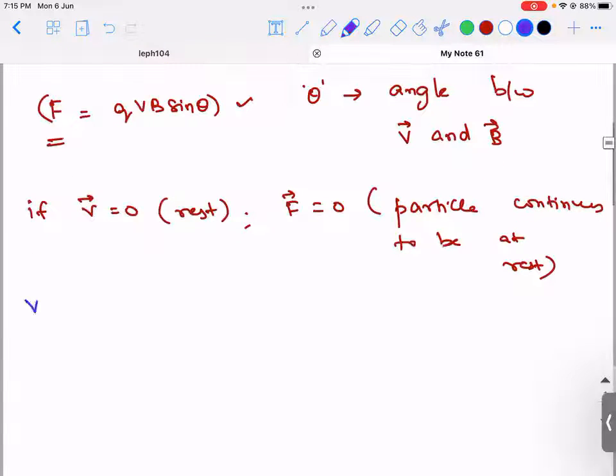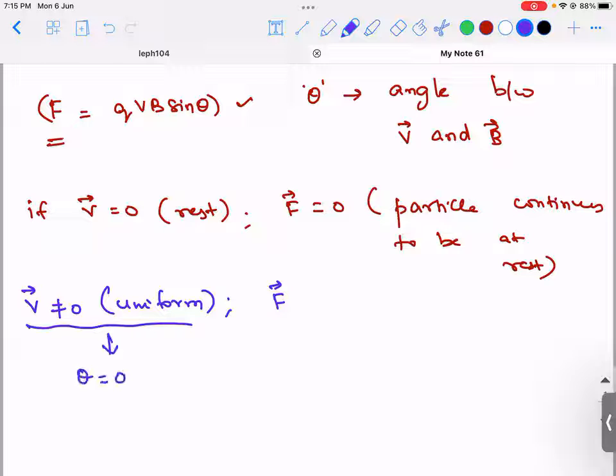Okay. Similarly, if V vector is not equal to 0, but it is uniform, and the value of theta is equal to 0 degrees or 180 degrees, then what would have happened?